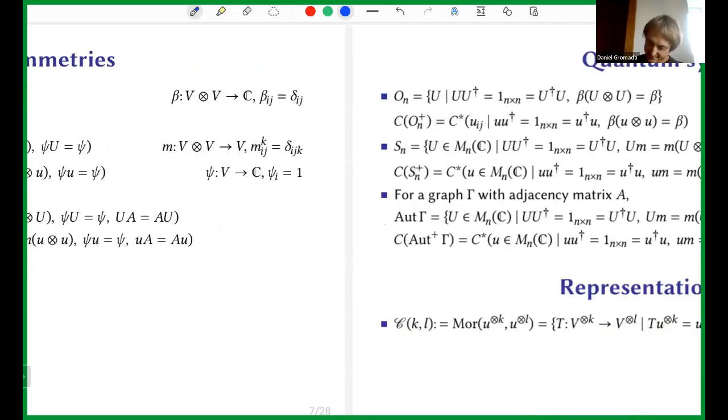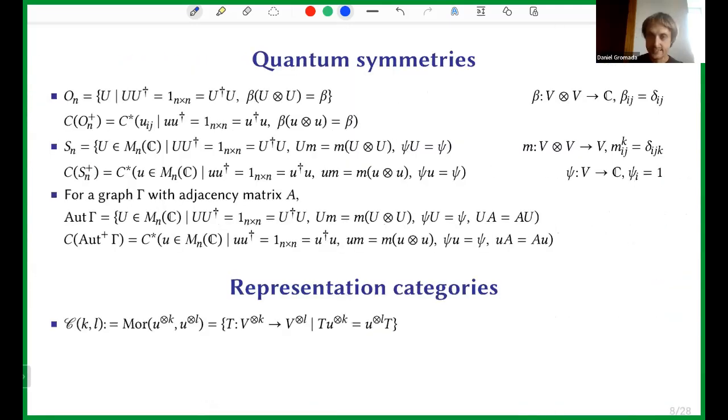So what I mean by that is that you can take a group or a quantum group, and you can consider all linear maps between tensor powers of the vector space where the group acts, and all such linear maps that commute with the fundamental representation this way.